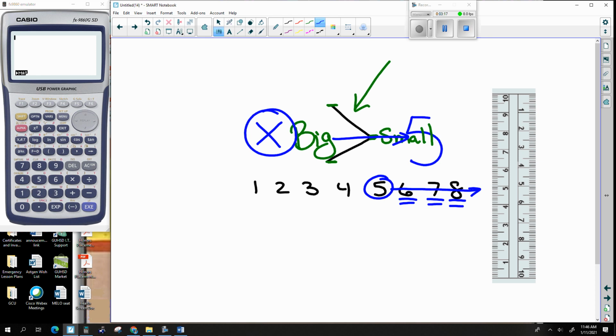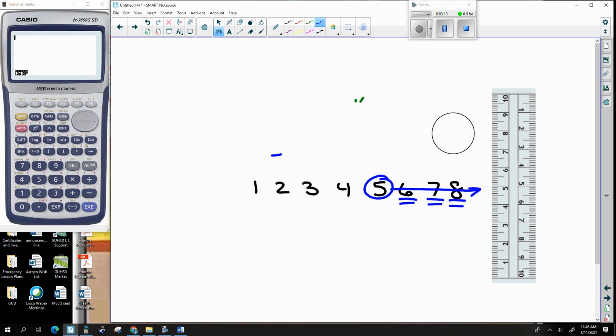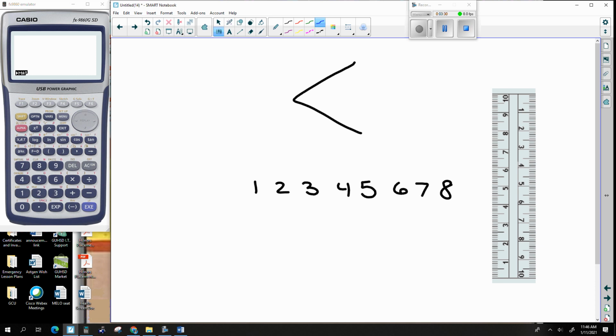Now, does it have to be written exactly like that? No, it doesn't. For instance, what if I have x and 5 like that? What side is the big side? What side is the small side?